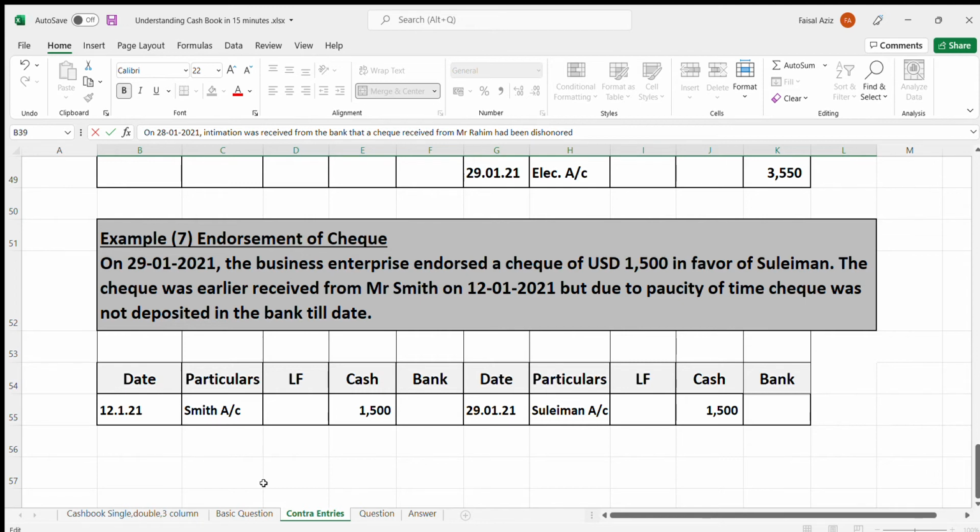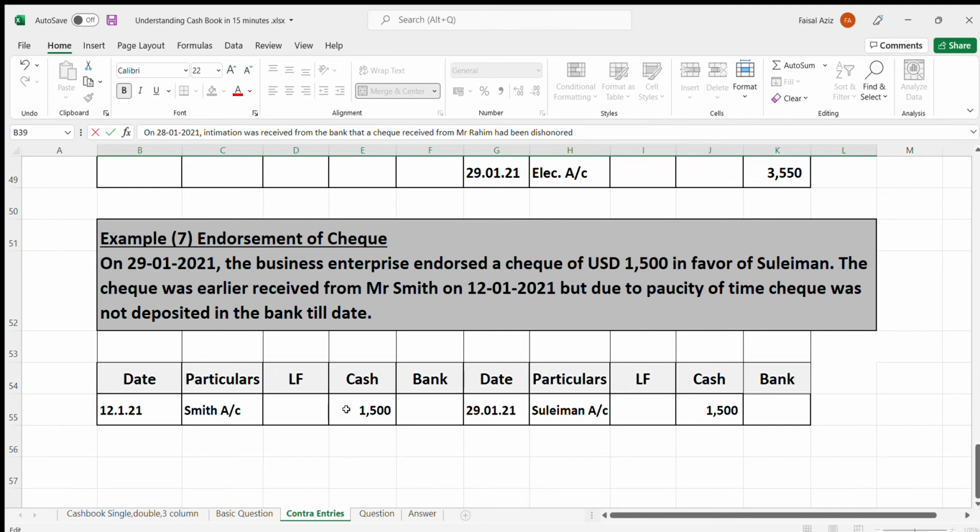So here on the left side, the business has treated this check received from Mr. Smith as cash. On the 29th it was endorsed to Mr. Suleiman, so we will put the date and mention Suleiman's account, and then on the right side 1500, because we have treated this check as cash since we did not submit the check in our bank account.